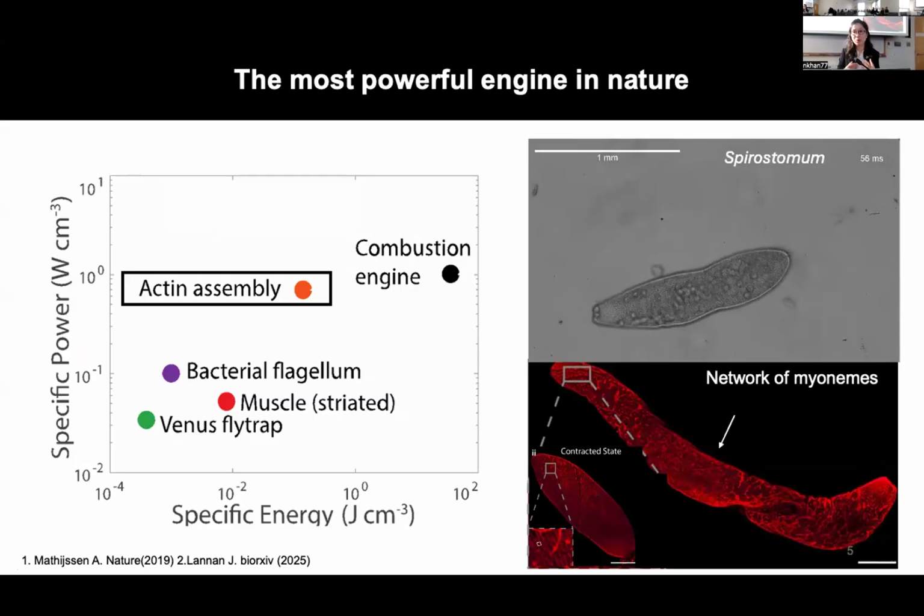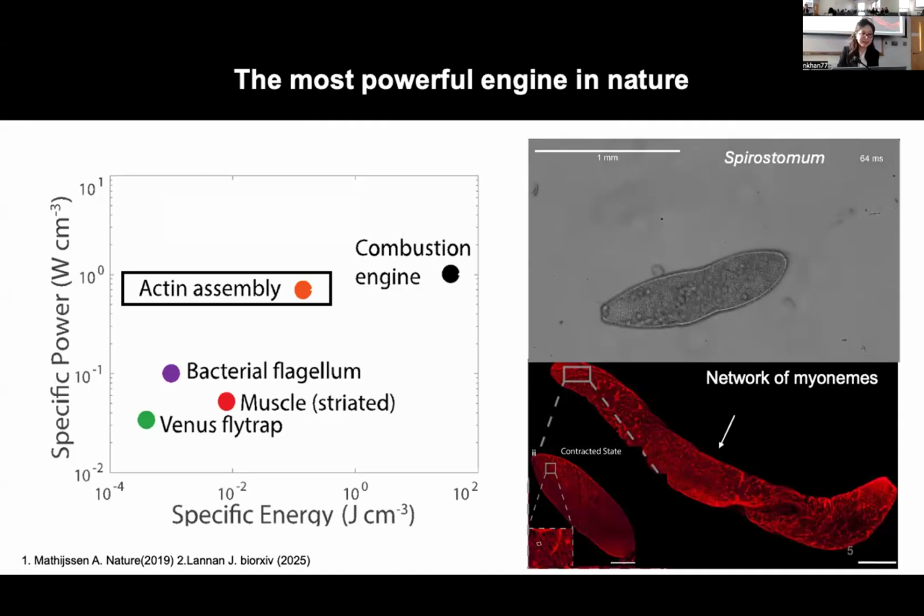What supports this mechanism is a preformed mesh network called myoneme. I always say it's an active layer between the membrane and the inside of the cytoskeleton. You can say it's kind of like a fishnet network here. It helps the spirostomum twist 70% of its body length in milliseconds so that it can generate enough momentum to hunt for food or chase prey.